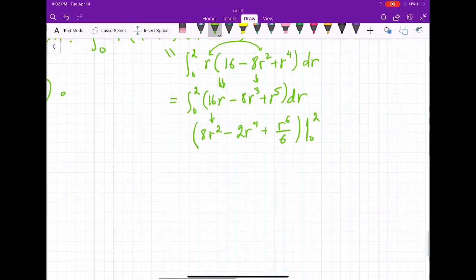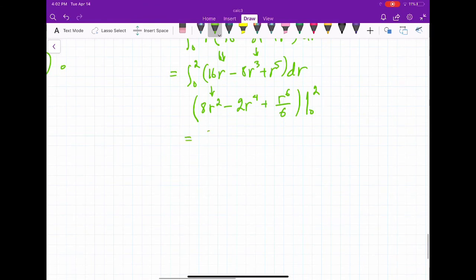At 0 the function is 0. At 2 you get 8 times 2 squared minus 2 times 2 to the 4 plus 2 to the 6 over 6. Alright, so you have 4 times 8 is 32, minus 32 right here, which is good. And here you have 64 over 6, right?